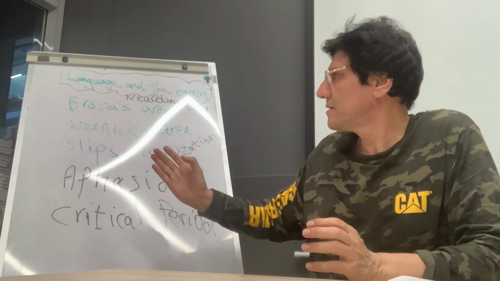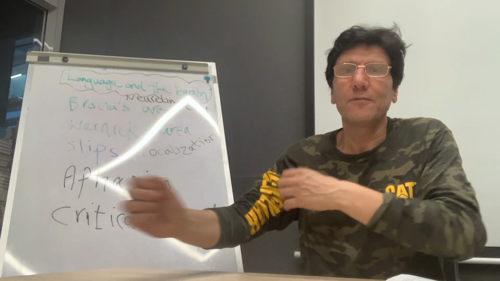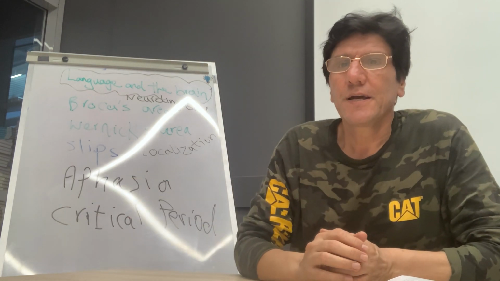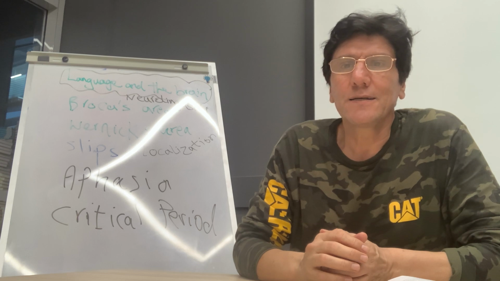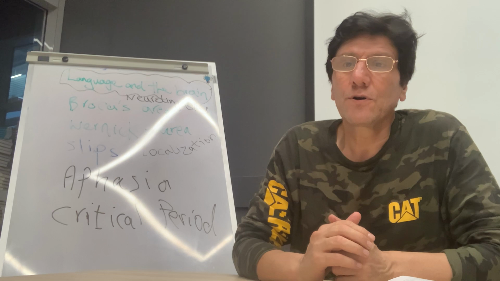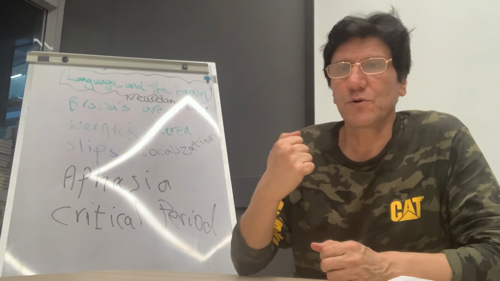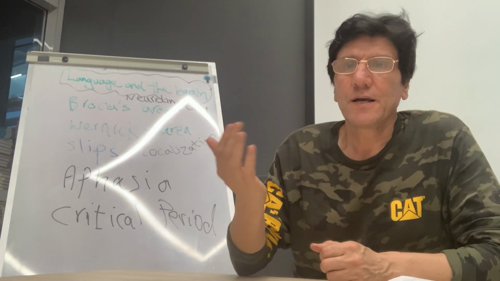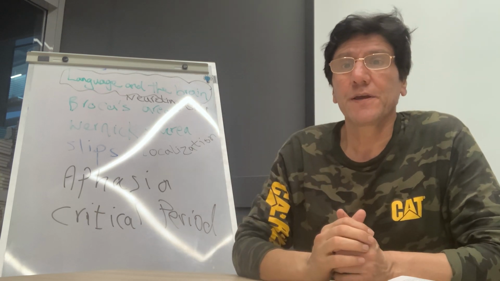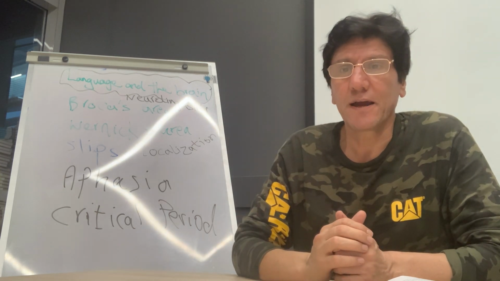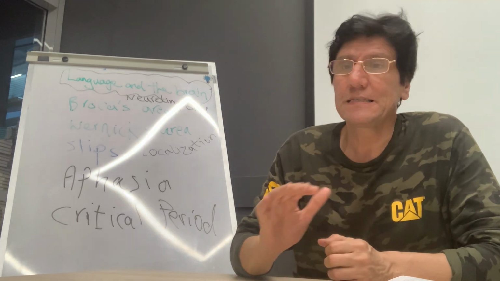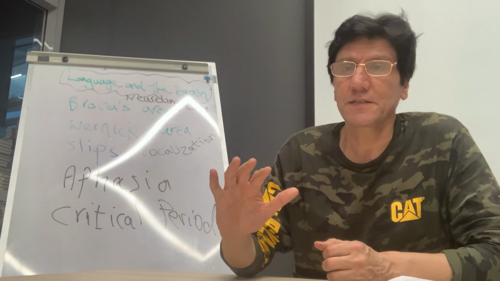So the term Broca's area refers to the anterior or frontal part of the brain, and Broca's area is specified for production of language or speech. The other area, that is the posterior area, the back of the brain, is Wernicke's area, which is not responsible for production.